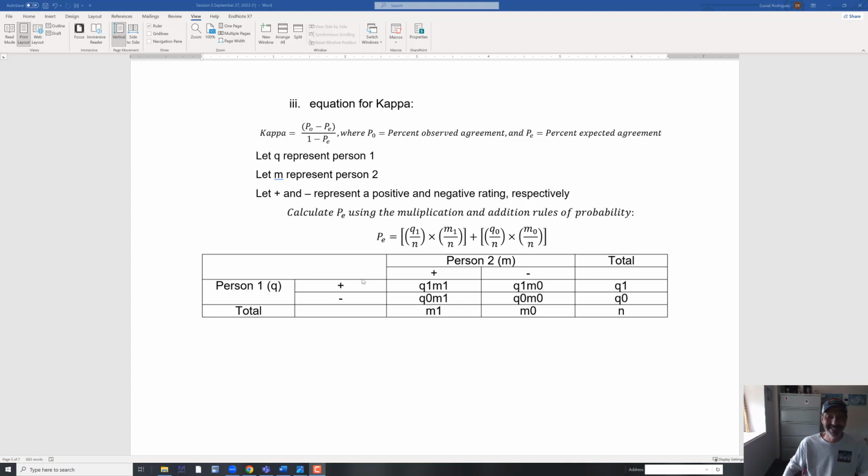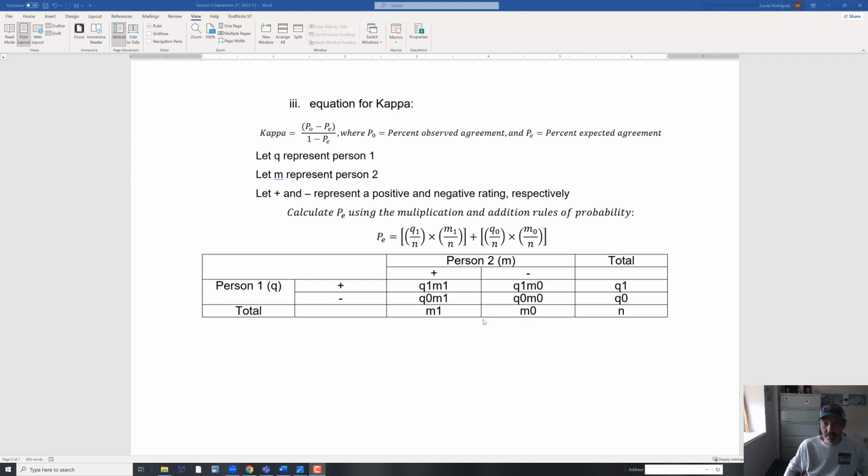Positive represents positive, and negative represents negative. The plus sign represents positive, and the negative sign represents negative. So person 1 can either say that the observed individual is positive for whatever, let's just use disease, say hypertension. So rater 1 will say the observed individual has hypertension, right? Because they rated it positive.